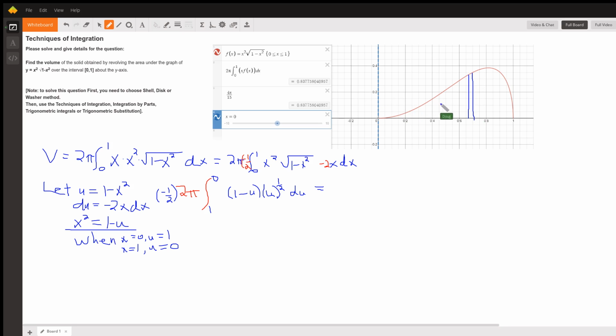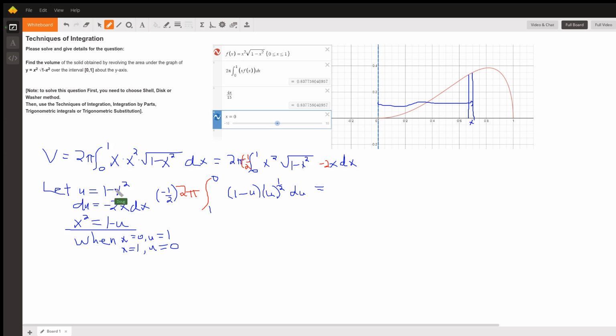We call this distance to the center of the shell the average radius. And this is our formula, where the height of the shell, of course, is f of x. So the volume is 2 pi times the definite integral from 0 to 1 of x times f of x dx.